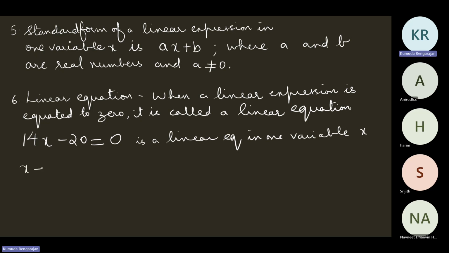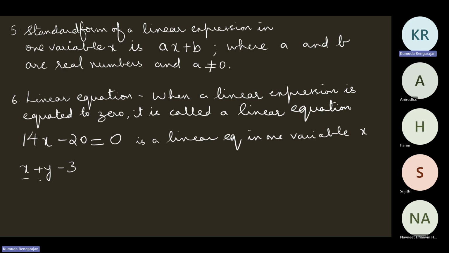Now, is x plus y minus 3 a linear expression? Yes, ma'am. Yeah, it is a linear expression. It's an expression because we see variables and the constant 3 here. So it's made up of variables and constants. So it's an algebraic expression.